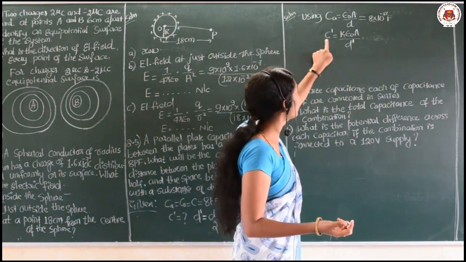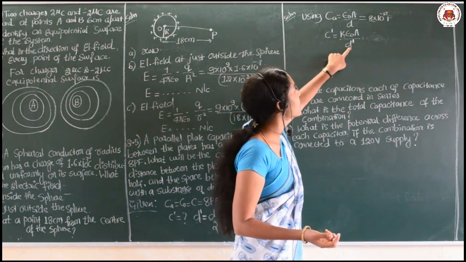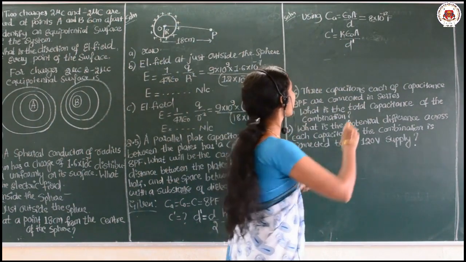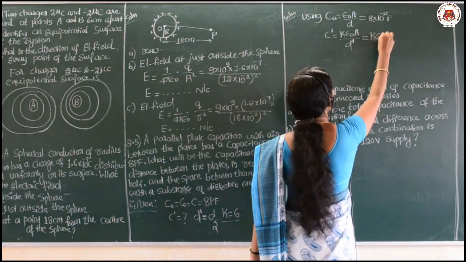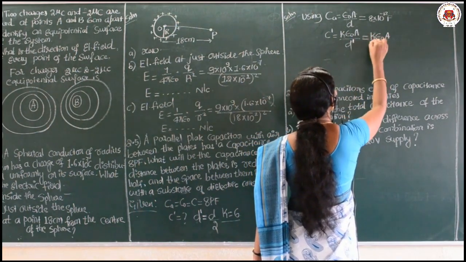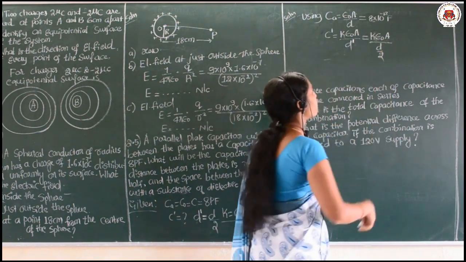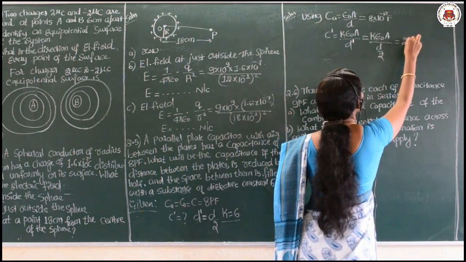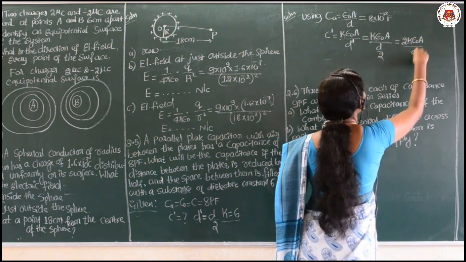What is the condition? Dielectric constant K is kept and the distance is reduced to half. So this becomes K into epsilon naught A as it is, D dash means D by 2. Then when you simplify, it becomes 2K epsilon naught A upon D.